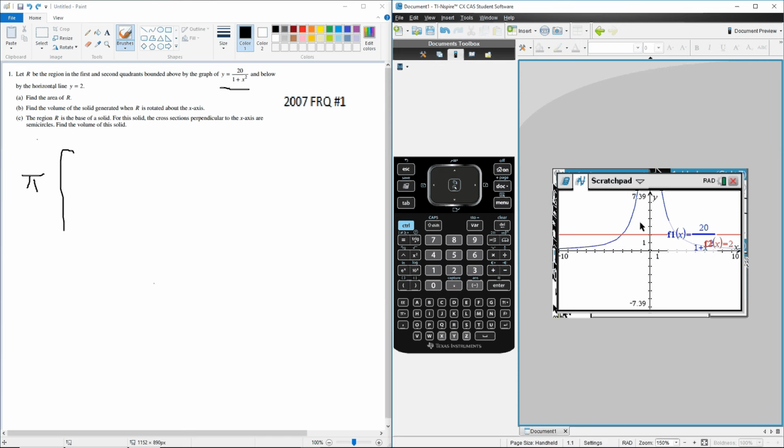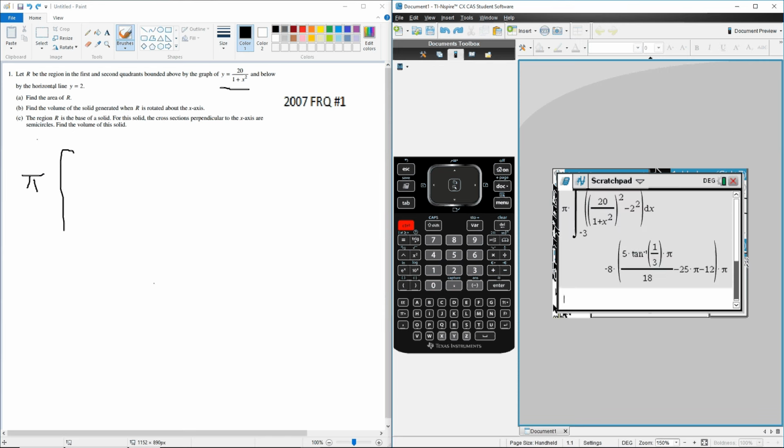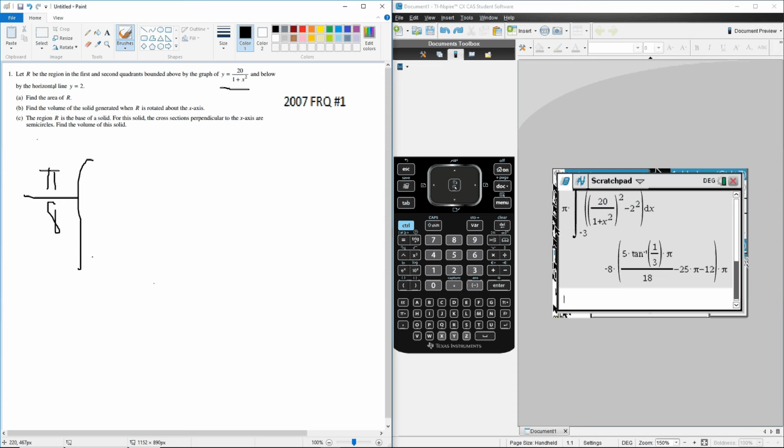That just means that we can find the volume using a formula that hopefully we remembered in class, but if not, you can derive it on your own. If the cross sections perpendicular to the x-axis are semicircles, the formula is pi over 8 times your integral from a to b of your radius squared with respect to x.